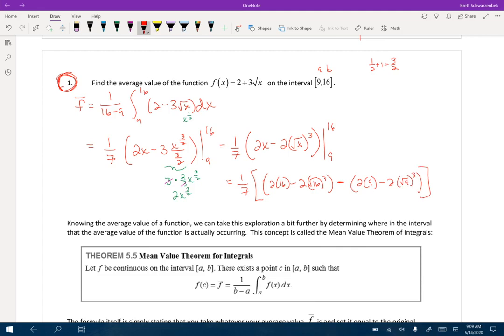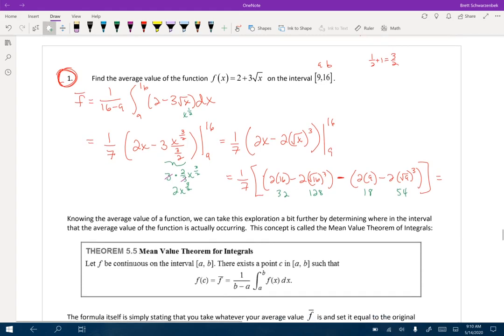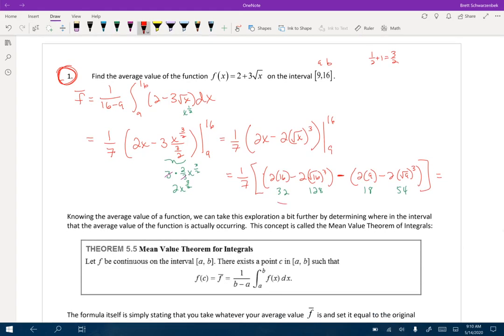Okay, so what do we got here? Let's do a little bit of mini math here. This is 32. The square root of 16 is 4. Cubed is going to be 64 times 2 is 128. 2 times 9 is 18. And then the square root of 9 is 3. Cubed is 27 times 2 is 54. If you put all of this together into one common value, this whole thing here, by the way, is 88.